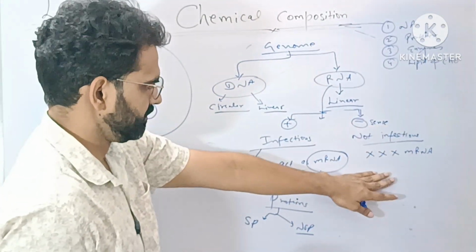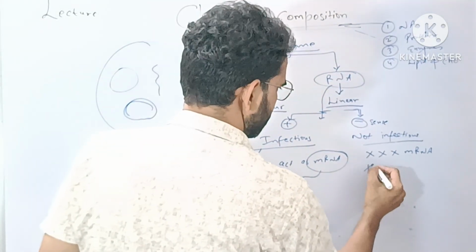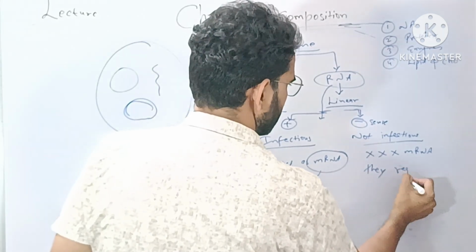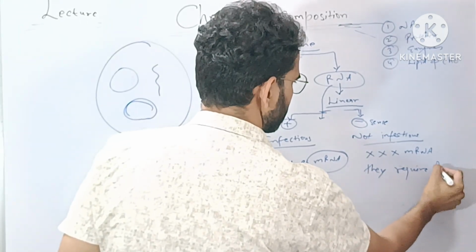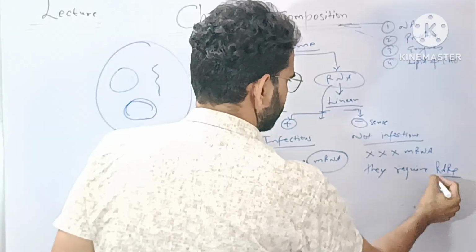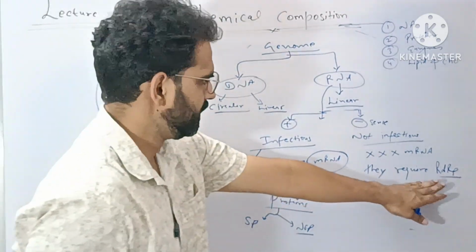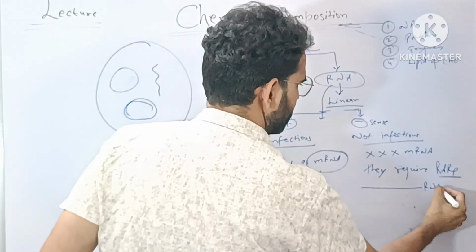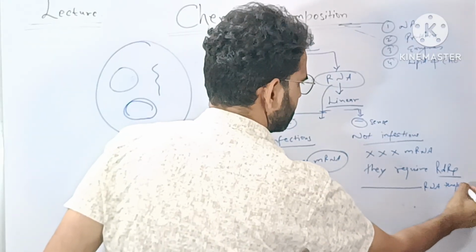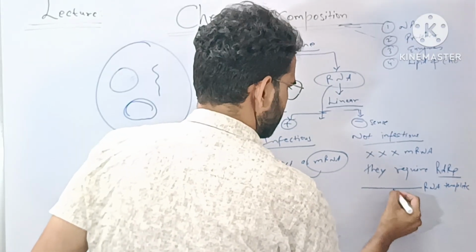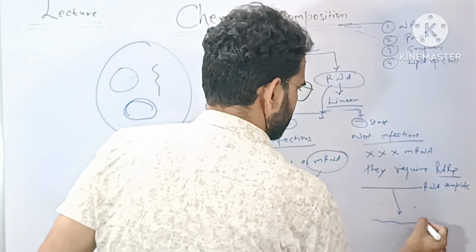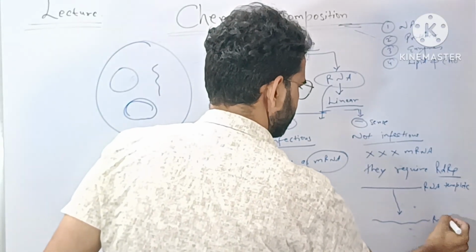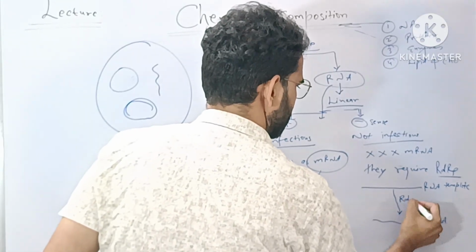To become messenger RNA, they need something known as RdRp, means RNA dependent RNA polymerase. It means RNA is a template and it will form RNA, and the enzyme uses RdRp.